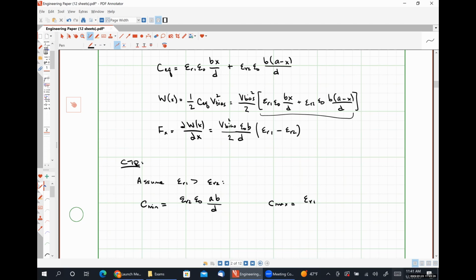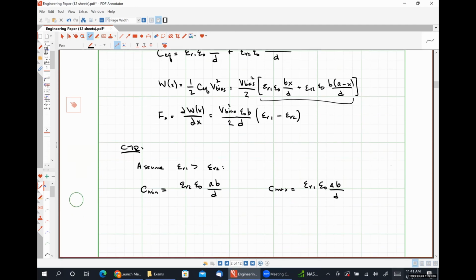So epsilon R1 times epsilon naught times AB over D, which means the tuning range of this device is going to be simply epsilon R1 minus epsilon R2 all over epsilon R2, because this is the same as C max minus C min over C min.